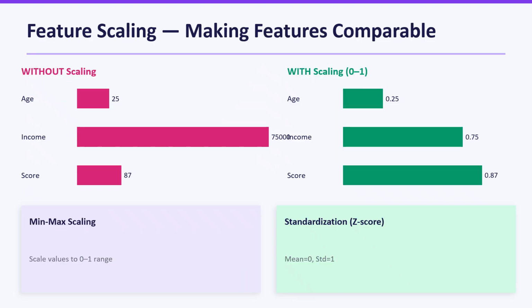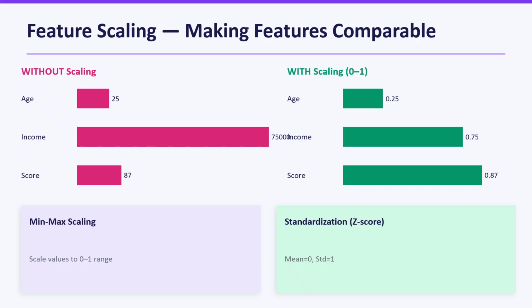Here's a problem many beginners miss. Look at these three features. Age is 25, income is 75,000, and score is 87. These numbers are on completely different scales. When you feed this into an algorithm like KNN or a neural network, the income feature will dominate everything just because its numbers are larger, not because it's more important. Feature scaling solves this.